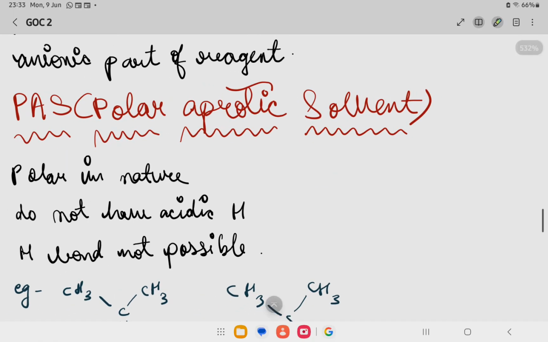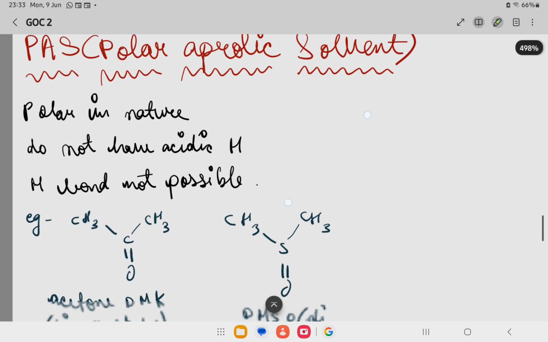Polar aprotic solvent is also polar in nature, but here acidic H is not present. If acidic H is not present, hydrogen bond will also not be present.